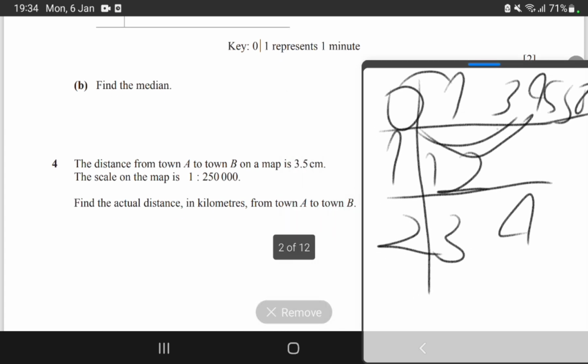Find the median. The median is the number in the middle. So we arrange everything.